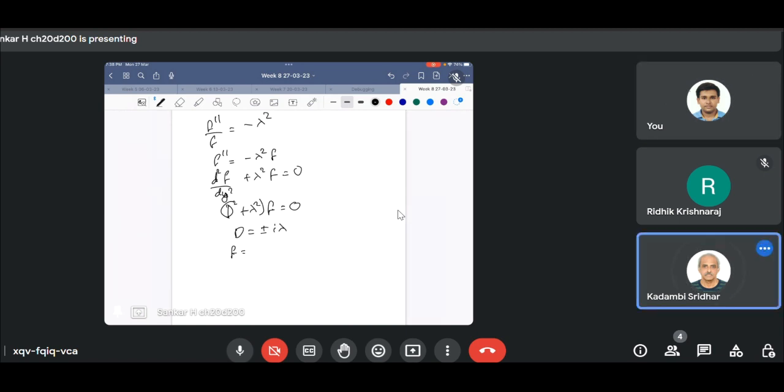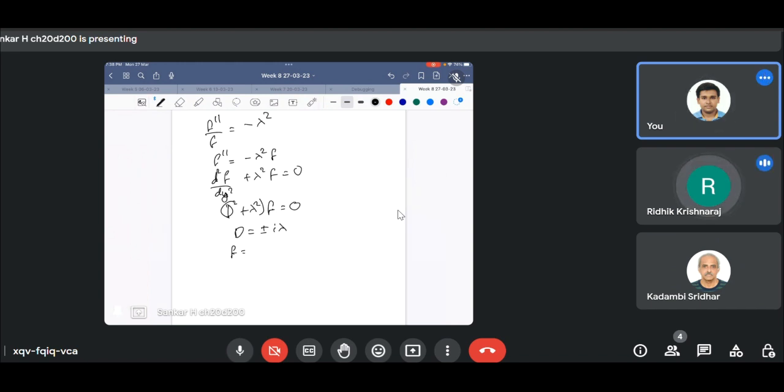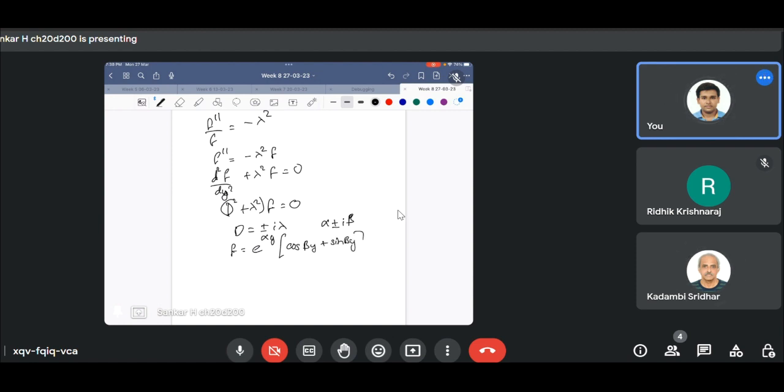Ridik, do you know? No, sorry. Okay, so if complex roots are obtained for d, we'll get it as alpha plus or minus i beta. Then the solution should be e raised to alpha x, or in this case alpha y, cos beta y plus sin beta y.